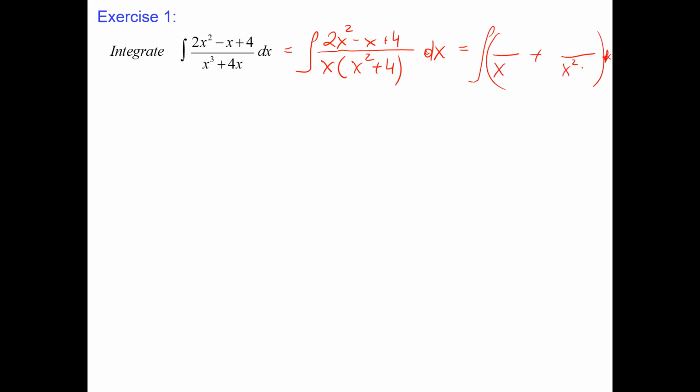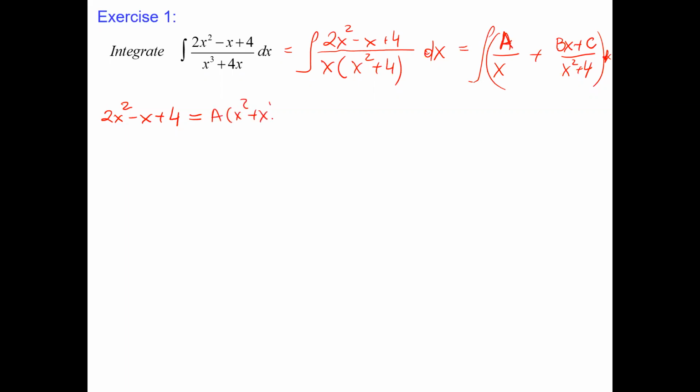Denominators x and then x squared plus 4. Above the x, we can put just a constant, A. But above the quadratic factor, we have to put the linear form, Bx plus C. Let's find A, B, and C. We copy the numerator 2x squared minus x plus 4, and I will create a new numerator using the sum of the partial fractions. Combining with the common denominator, which matches this one, I have to multiply the quantity A by x squared plus 4.